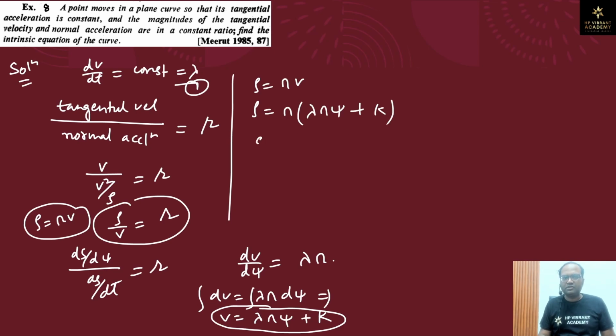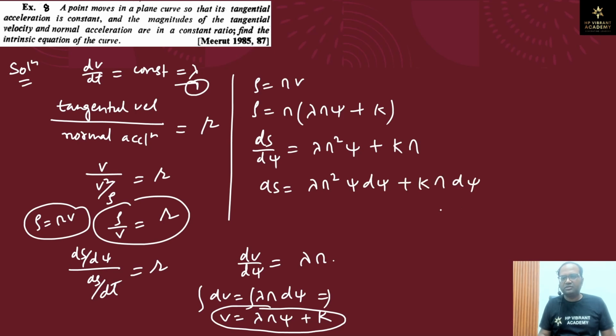So we can write rho as ds upon d psi is equal to lambda mu square psi plus k into mu. So we have ds is equal to lambda mu square psi d psi plus k mu d psi. This we can integrate as s is equal to lambda mu square into psi square upon 2 plus k mu into psi plus c.